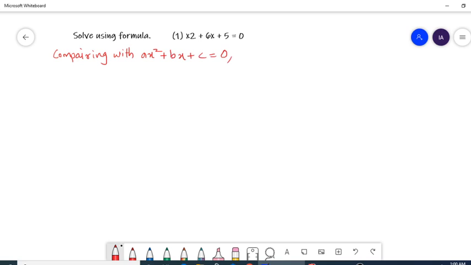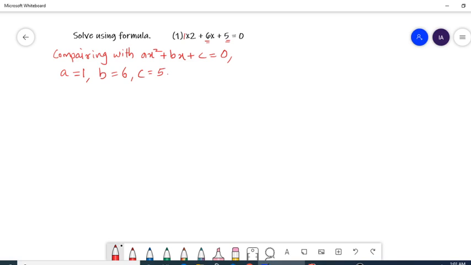When you compare, you will get the values of a, b and c. In this equation, there is no number before x square, so you can consider 1. So a is 1, b is 6, and this is your c. So c is 5. After getting the values of a, b and c, you will write your formula.